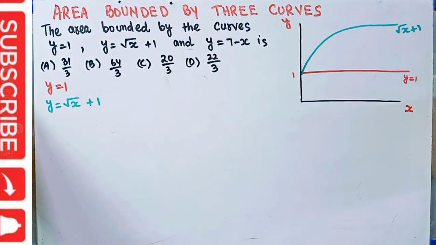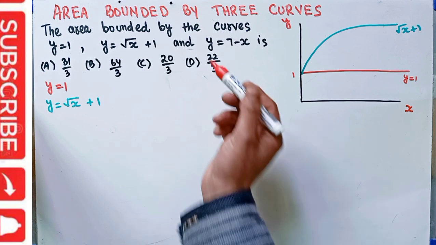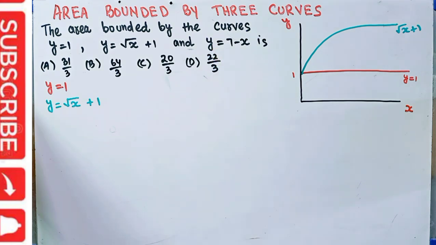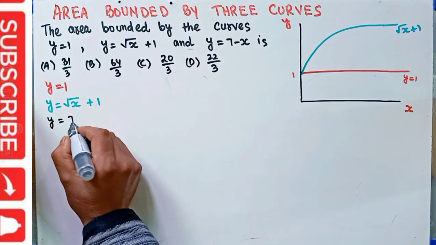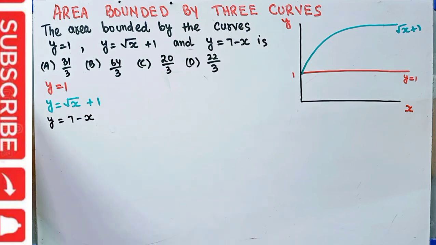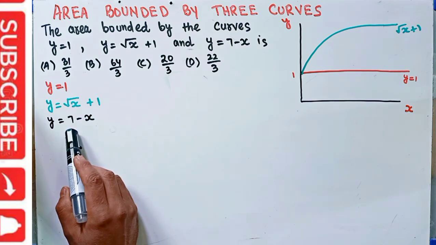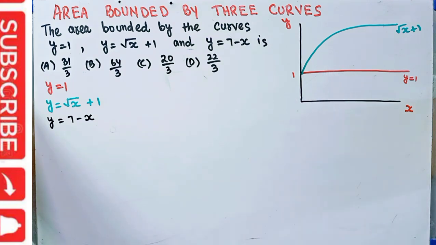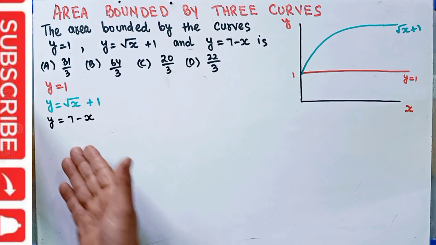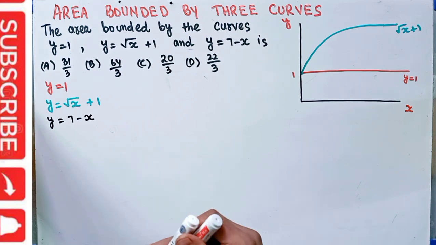And we also have y is equal to 7 minus x, and let's draw it here also. Here the intercept is 7. Simple thing, you can solve it for the values of x and y to get the intercepts.